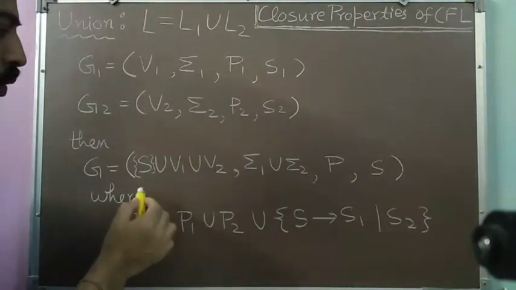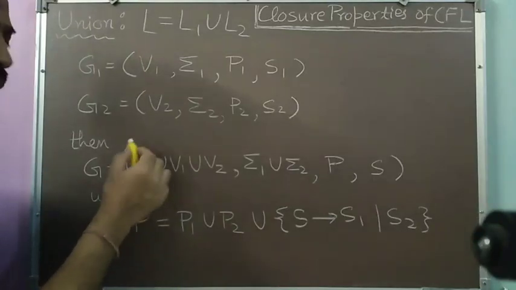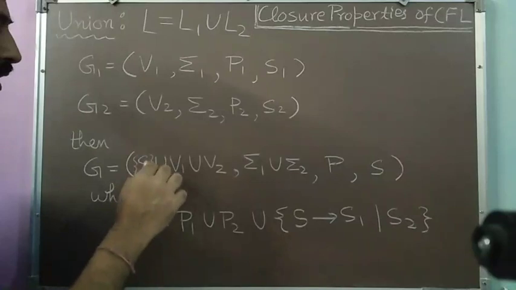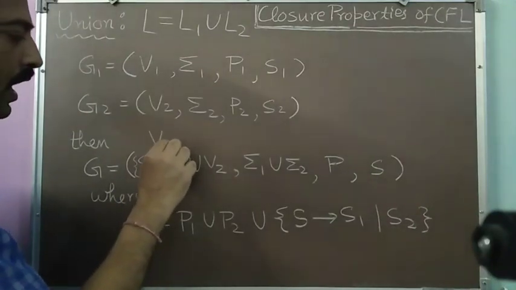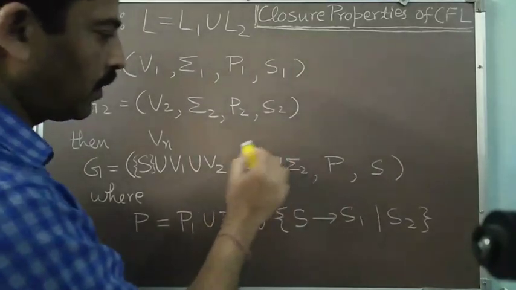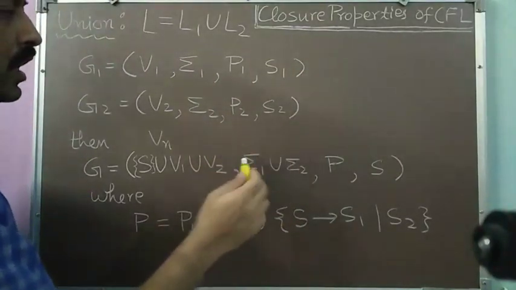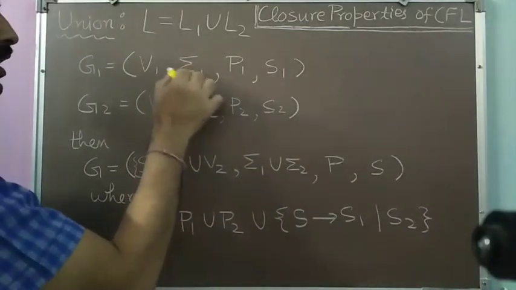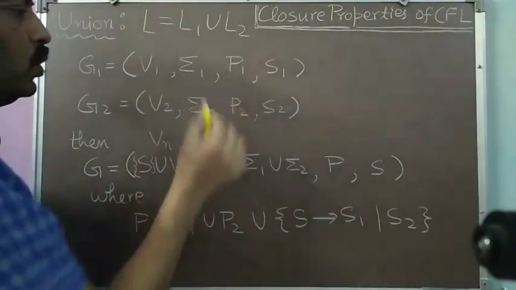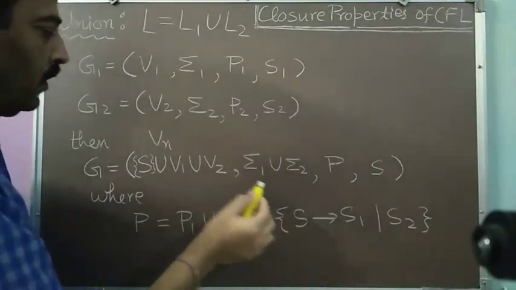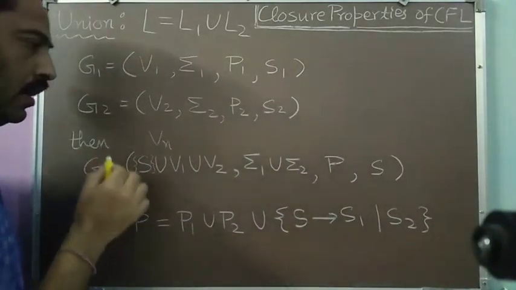V1 is a set, V2 is a set, and {S} is a set containing only one element, S. So this whole set will be the set of variables for this grammar G. And then Sigma 1 union Sigma 2 will be its alphabet, because it will consist of all the words which are represented by L1 as well as L2. So Sigma 1 union Sigma 2 will be the set of alphabet for this new grammar G.